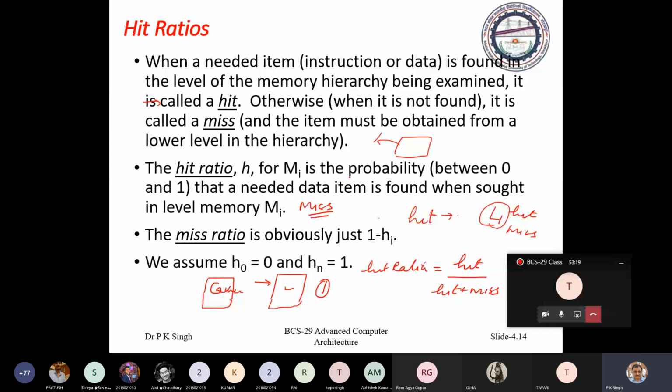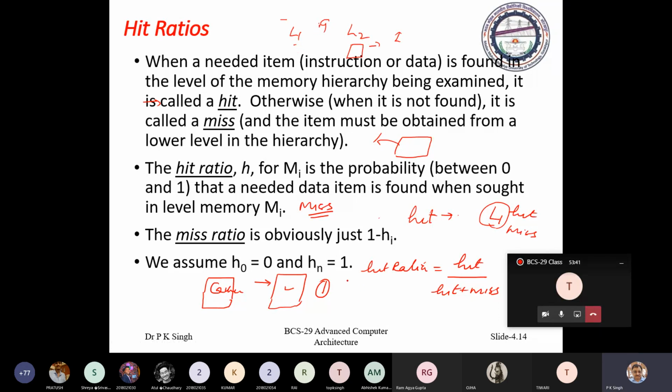Just consider a two-level memory and see the effect. L1 and L2. In L2, you have the entire program, which means the hit ratio of L2 is 1, and suppose the hit ratio of L1 is 0.9.